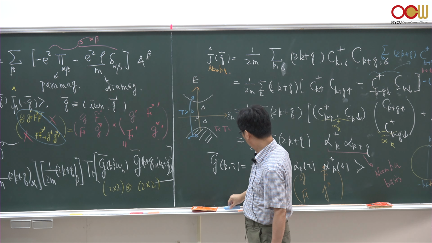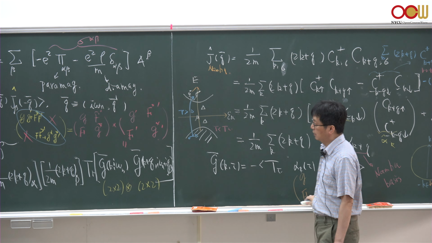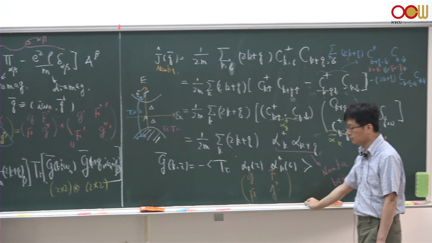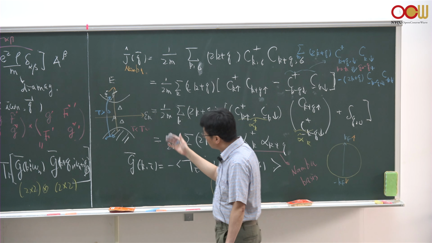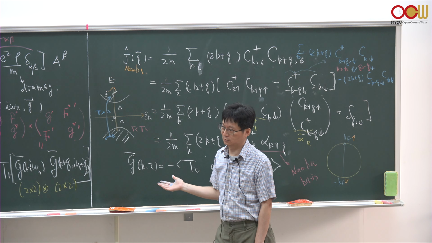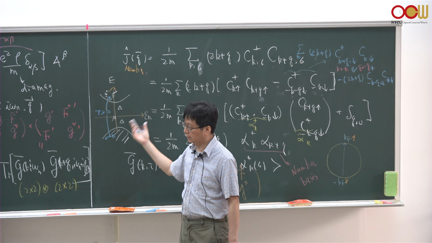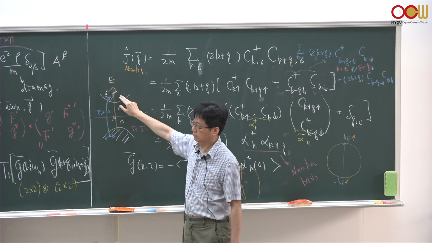So you have 2 free electrons released because of the thermal excitations. So whenever that happens, both G and F play a role in transport, because you have both Cooper pair electrons and also non-Cooper pair electrons, right?